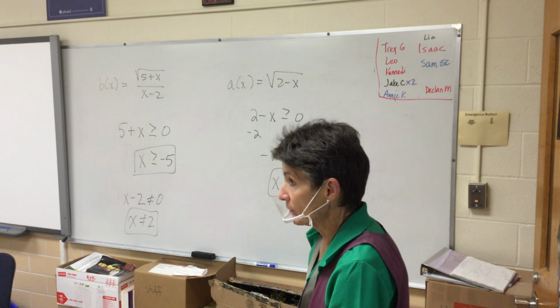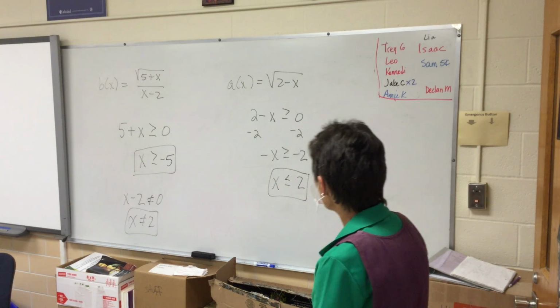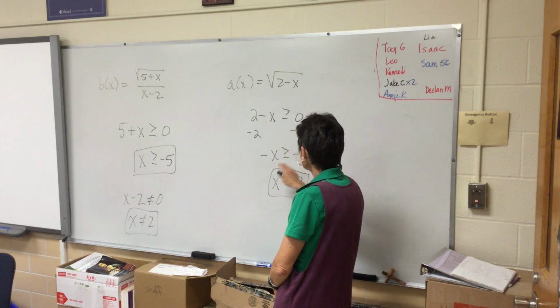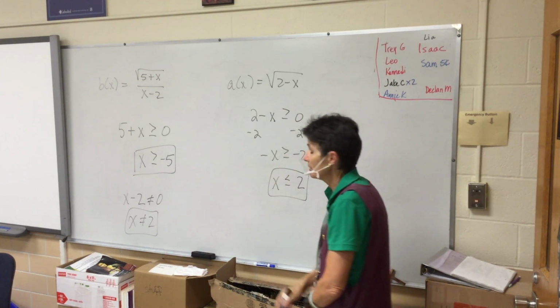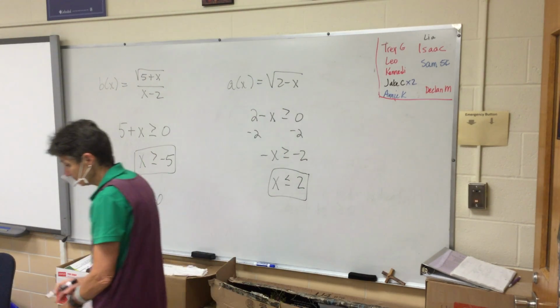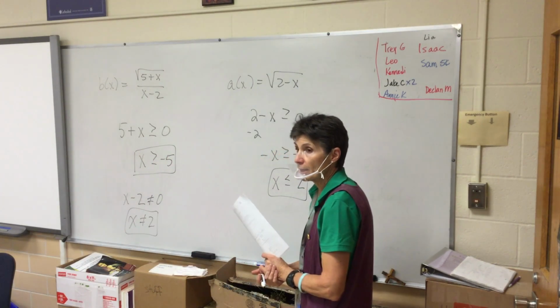Don't forget all your regular rules. When you divide by a negative, you have to turn it around. So we subtracted 2 and then divided by a negative. So your domain is everything less than or equal to 2. Okay?